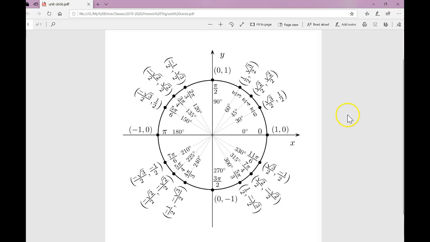So if I think about sine inverse of a half, when my calculator computes that, the values of sine that it's considering are only the values here in quadrants 1 and 4. So the only place that sine is equal to positive a half is here at 30 degrees. It's not going to consider the situation where sine is a half out here at 150 degrees, because of the way it's programmed.